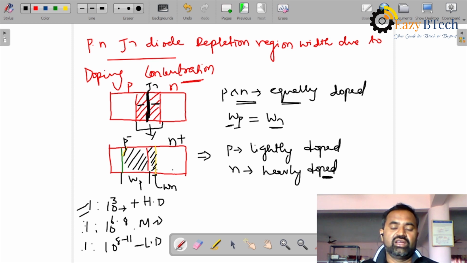What is the PN junction diode resistance under forward bias and reverse bias, and what is its width expansion depending upon the doping concentration, and VI characteristics of the diode. You can see it in the slides.